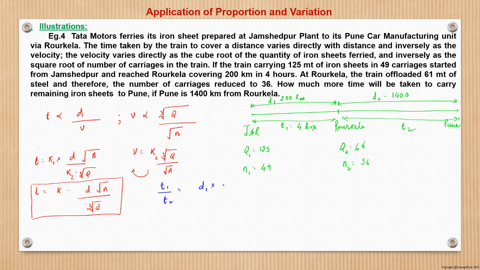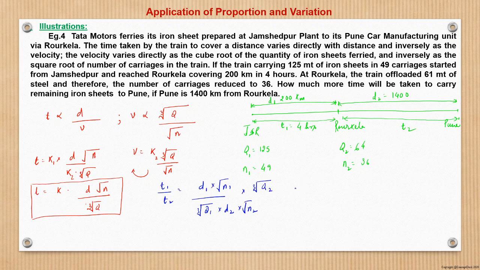What remains is D1 into root N1 upon cube root Q1, and then again it will come D2 into root N2 into cube root of Q2, right?